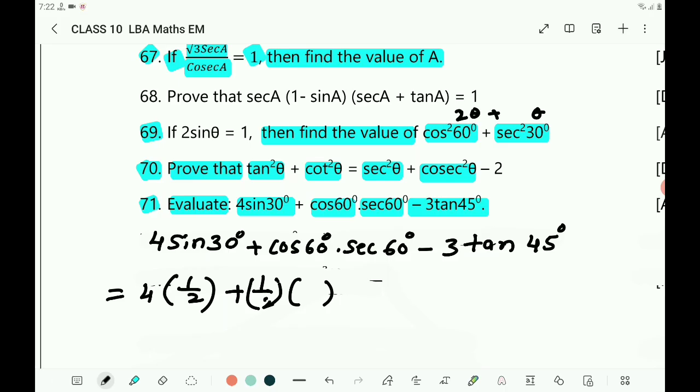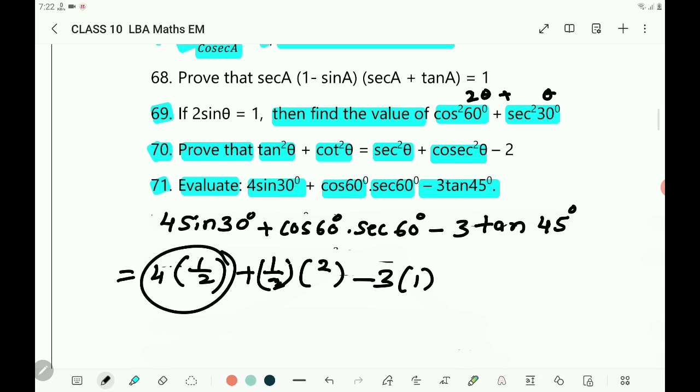Secant 60 is the reciprocal of cos, that is 2 by 1 or 2 you can write. 1 by 2 into 2 minus 3 tan 45. Tan 45 is 1. 4 into 1 by 2. 1 by 2 into 2. Cos 60 is 1 by 2 and secant 60 is the reciprocal of cos. Therefore it is 2 by 1, nothing but 2.